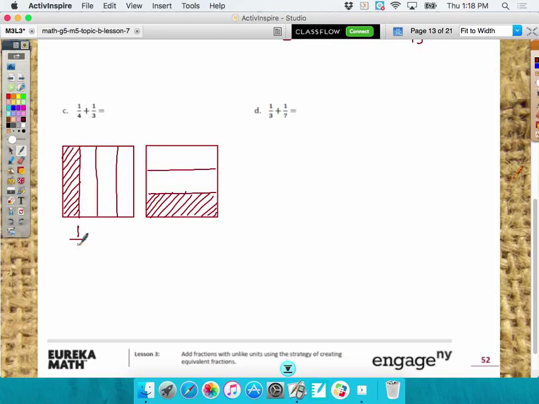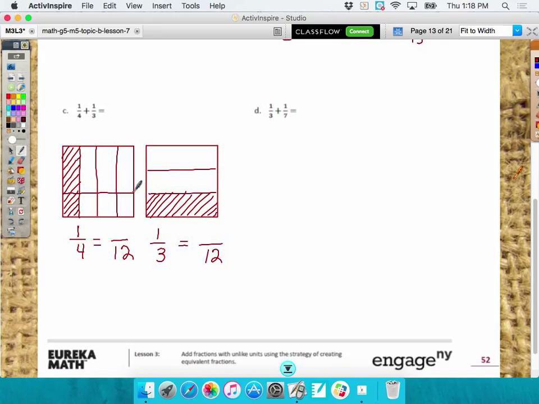So 1/4 plus 1/3. If I use the strategy of multiplying my denominators to get the new denominator, what's my new denominator going to be? Ethan? 4 times 3, 12. Okay, so my new denominator is 12.